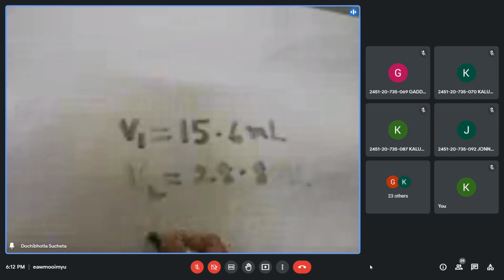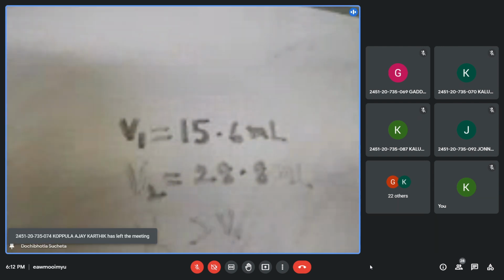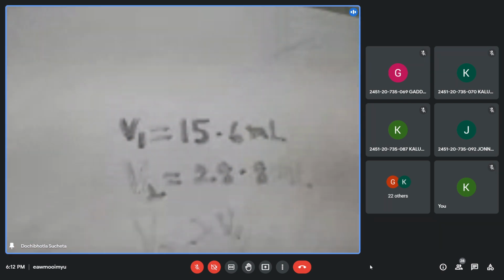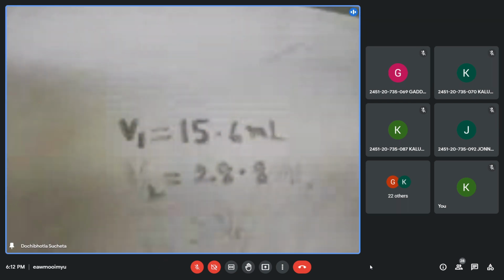Since V2 is greater than V1, it is carbonate and bicarbonate. Calculate. How will you calculate now? So one is for carbonate, the other one is for bicarbonate. Now start calculating.